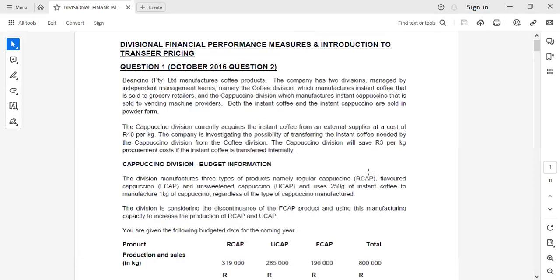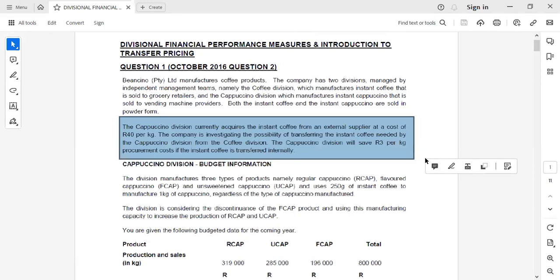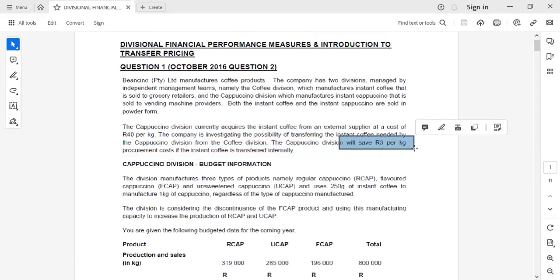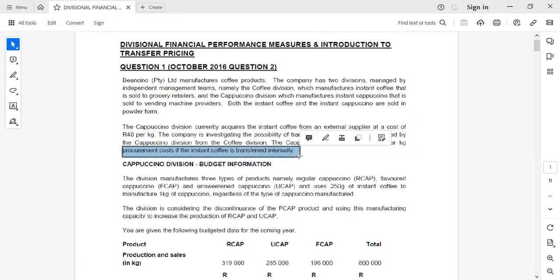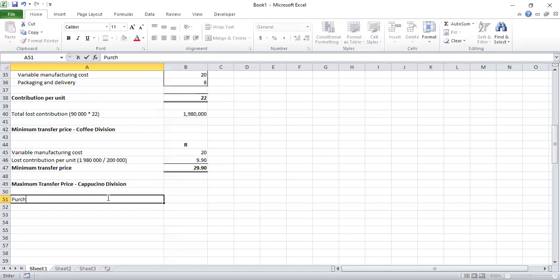Right. So if the cappuccino division is currently acquiring the coffee from an external supplier at a cost of 40 Rand, they also have 3 Rand. If they buy internally, they will save 3 Rand. That means they are currently incurring 3 Rand procurement cost if instant coffee is transferred internally. So the maximum transfer price would be the purchase cost 40, procurement 3 Rand.